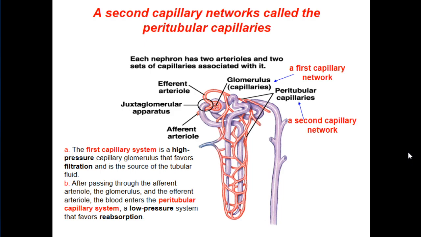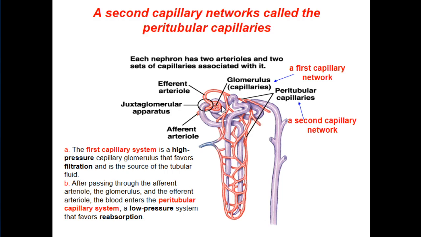The first one, the primary capillary system, is a high pressure capillary system which arises from the afferent arteriole, then the glomerular capillaries, and then the efferent arteriole. This high pressure favors filtration.